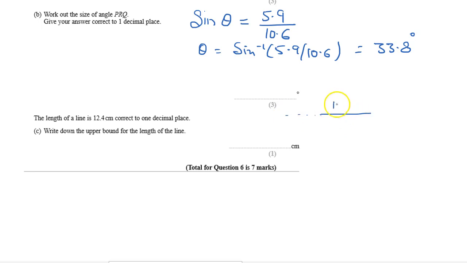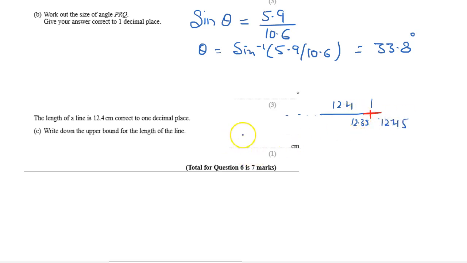So this is 12.4, correct to 1 place of decimal. Write down the upper bound for the line. So 12.4 is here. So this is 12.35 and this is 12.45.